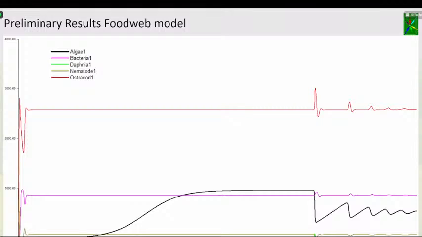And the time, is it in days or hours? Here it's in hours, but this is not the 14-day one. The problem is, as soon as your model crashes, it doesn't do anything anymore. It doesn't give me any results. So this is also an old result before I did my nutrient model. As you hear, there's a lot of issues.